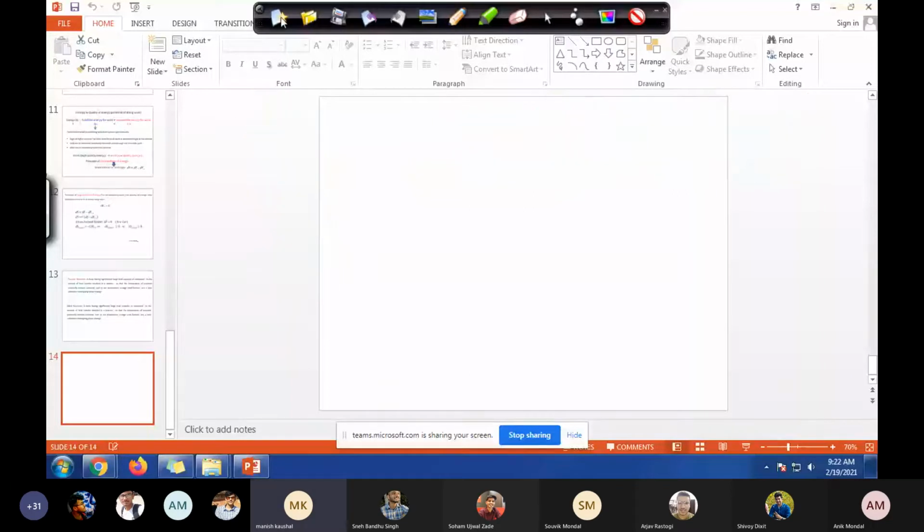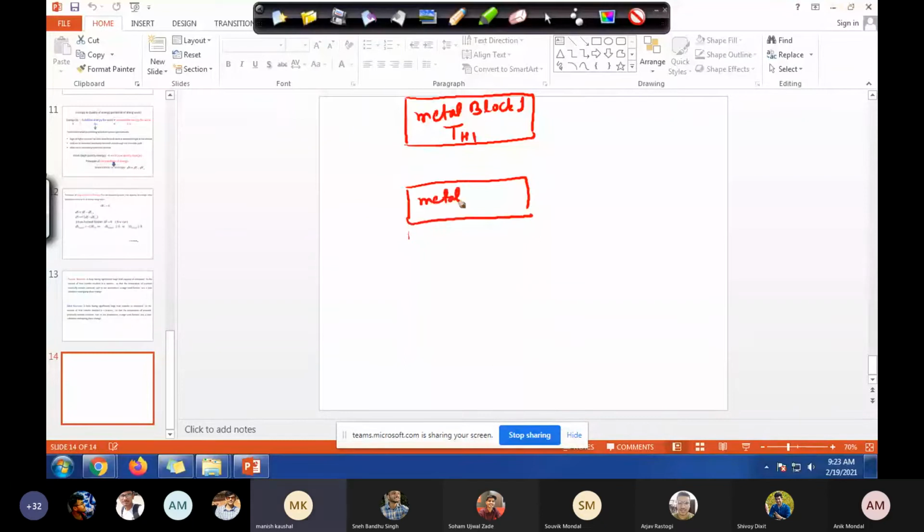Same thing, but just to make it more practical. You have a large metal block. Metal block 1 at temperature TH1. Another very large metal block, metal block 2 at temperature TH2.